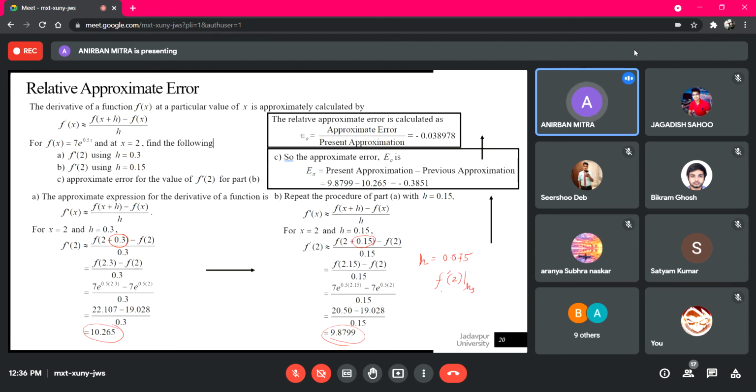So this is the current approximation now. What is the previous approximation? Previous approximation now becomes this value. We do not consider this one anymore. We'll take this one. So the approximate error would be calculated by subtracting this previous approximation from the current approximation. And then you can go ahead and calculate the relative approximate error as well.